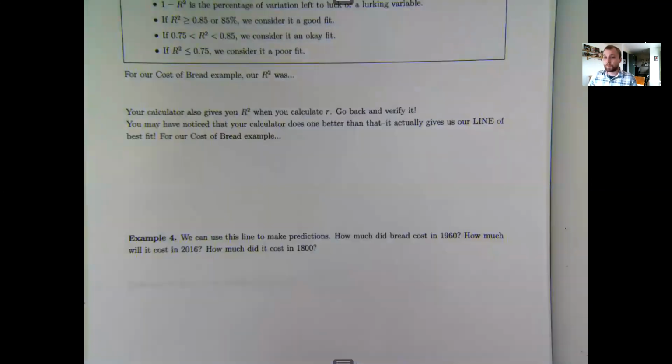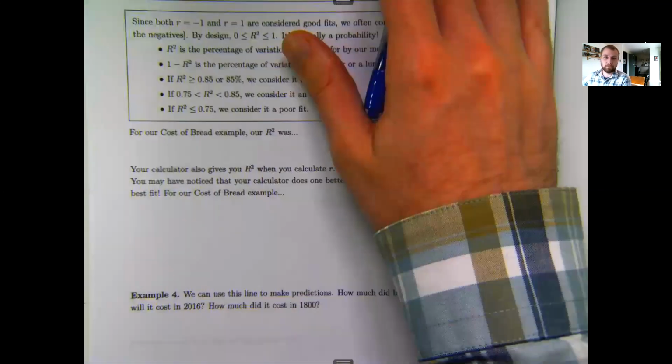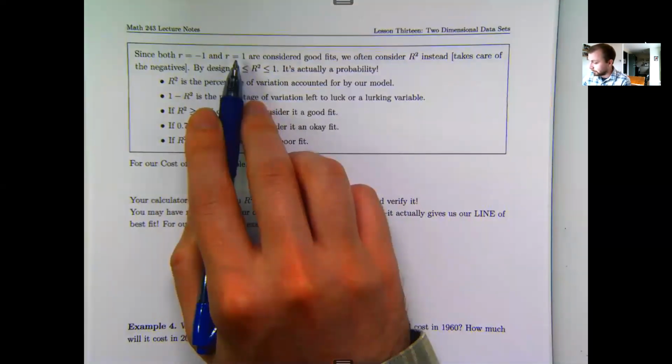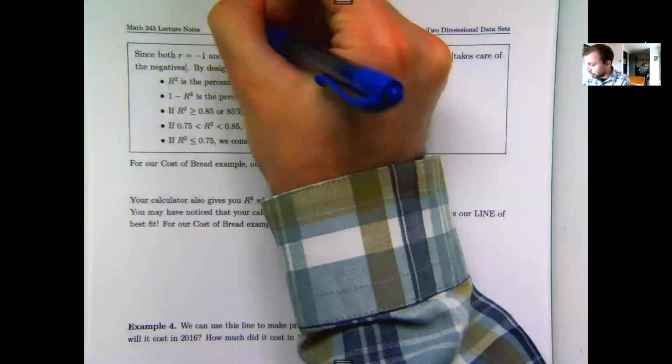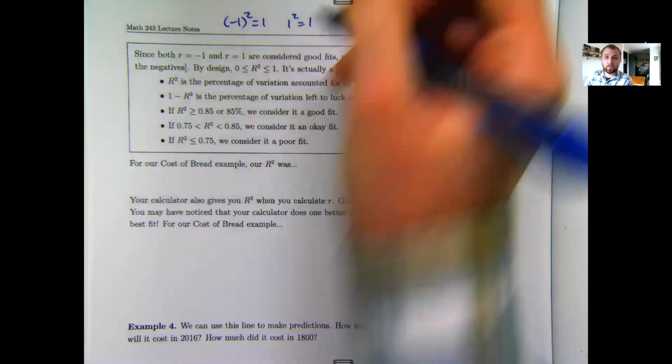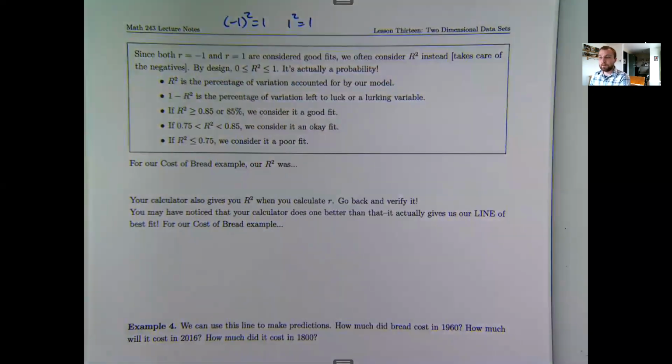If I were to square R, however, then -1 squared will give me 1, and +1 squared will give me 1.